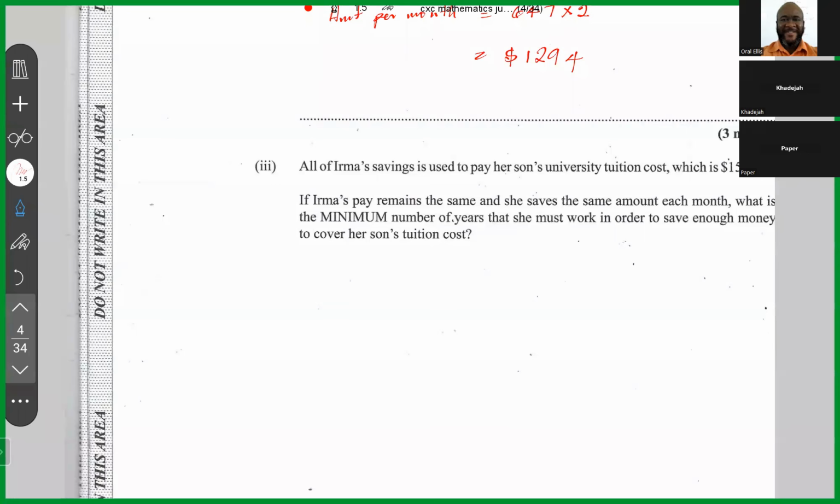So let us see how much Irma saves weekly. Weekly Irma saves 1,750, that's the amount she saves every fortnight, divided by 2.